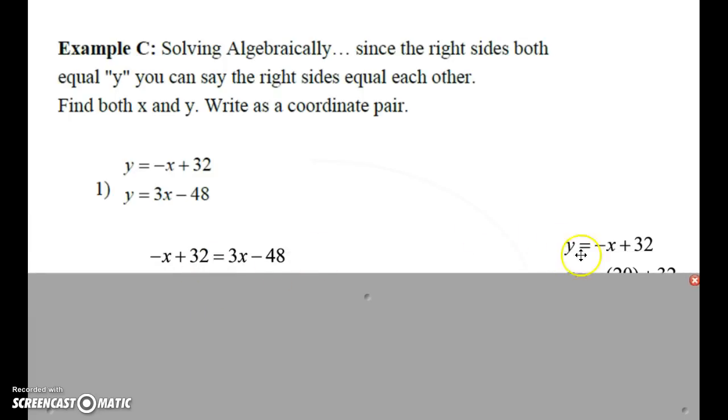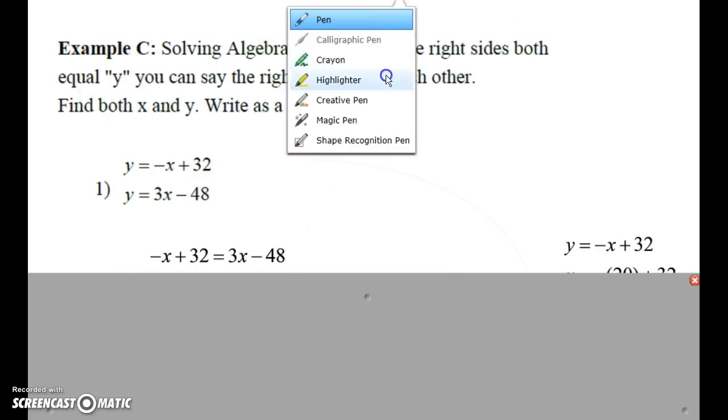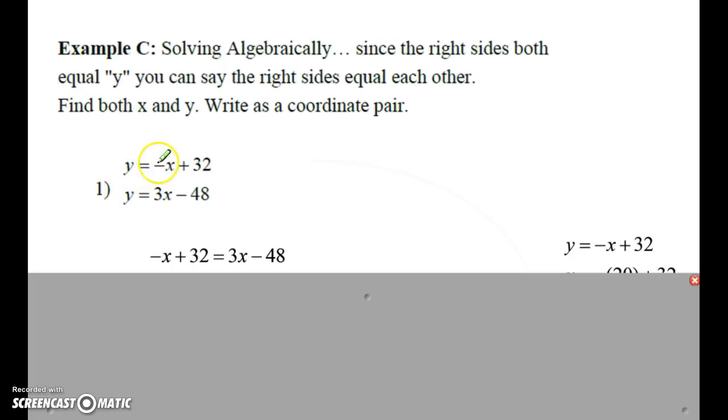So the first line of this problem is going to look like -x plus 32 equals 3x minus 48. How I got those values is I took this first equation and I replaced it with the y in the second equation. What that allowed me to do was to set them equal to each other, have one variable in my problem, and now I can go ahead and solve.